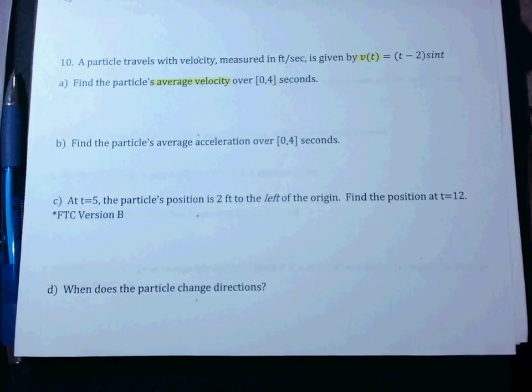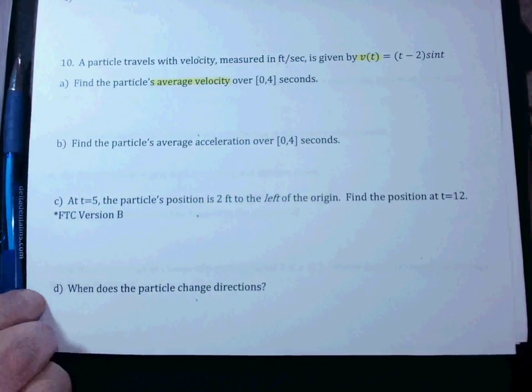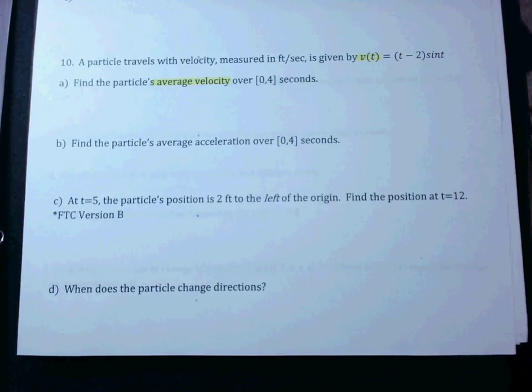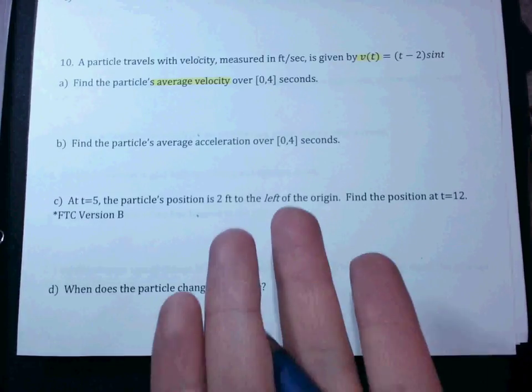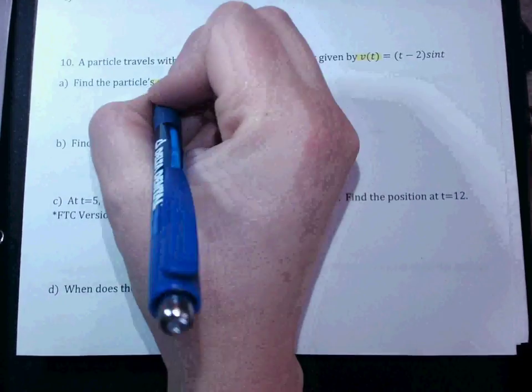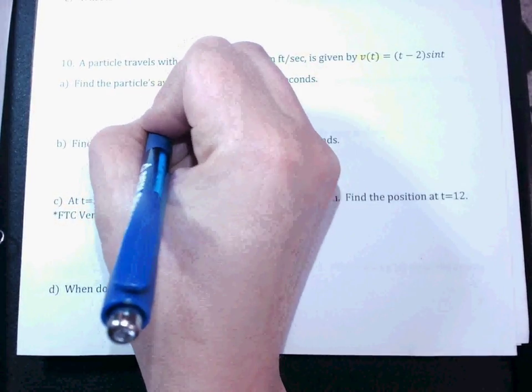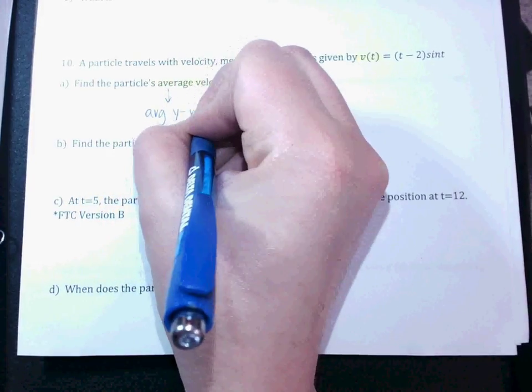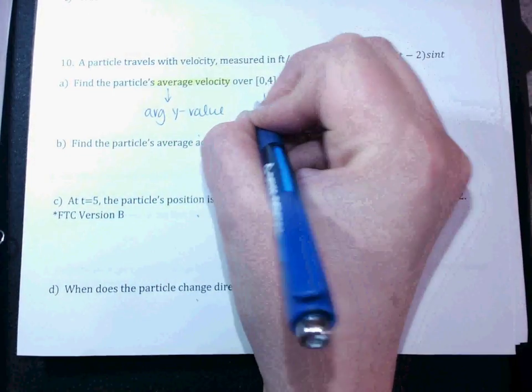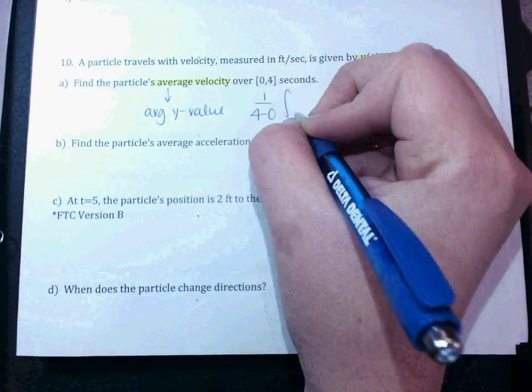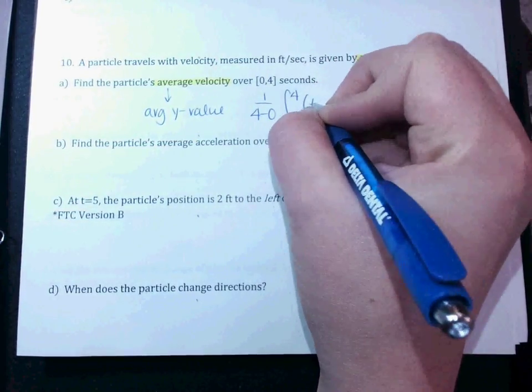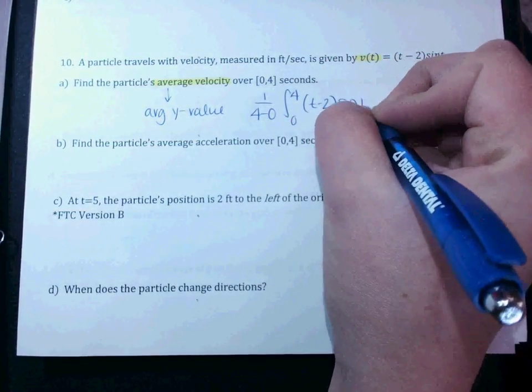What's the formula? 1 over b minus a, integral a to b, which would be 0 to 4. Very good. So this is average y value. So you would do 1 over 4 minus 0, integral 0 to 4, t minus 2 sine t.